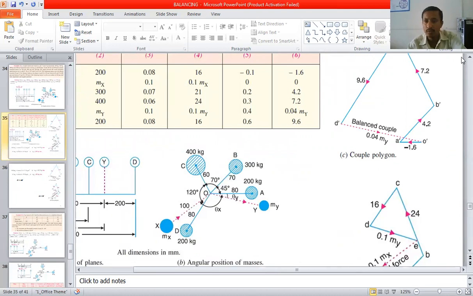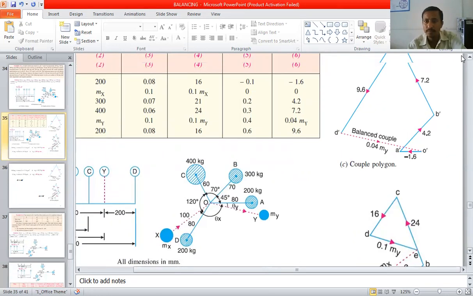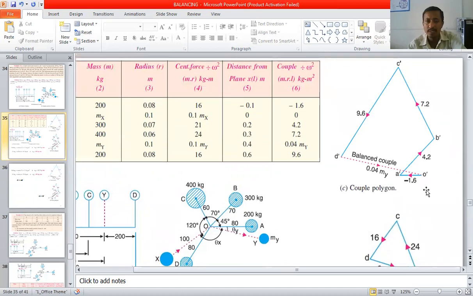Okay. So here we need to draw the couple polygon first. How do we draw the couple polygon? Minus means left. First you need to take some origin point, a starting point. Let us say it is O dash. Next is A dash. Along this mass only, the first mass value is minus 1.6.